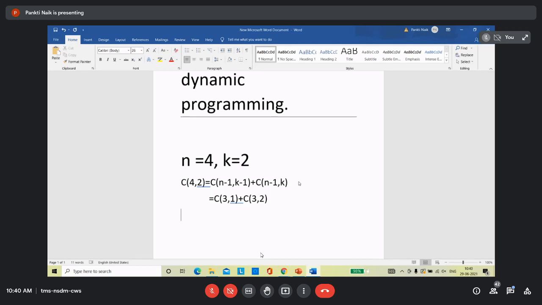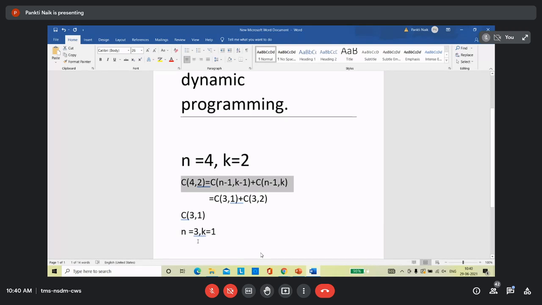So first we solve C(3, 1). For C(3, 1), our n is equal to 3 and k is equal to 1. Again, apply this equation for the value of n equal to 3 and k equal to 1.